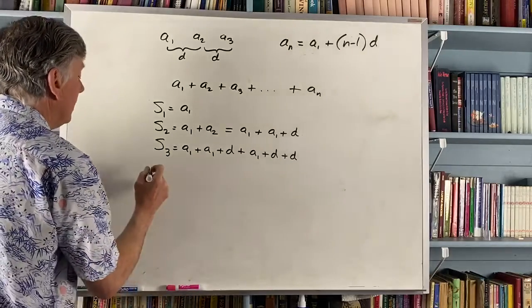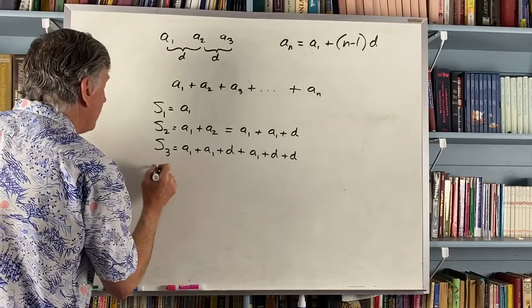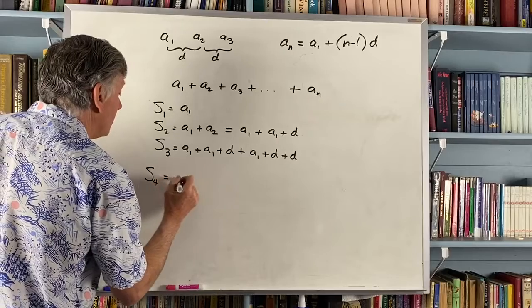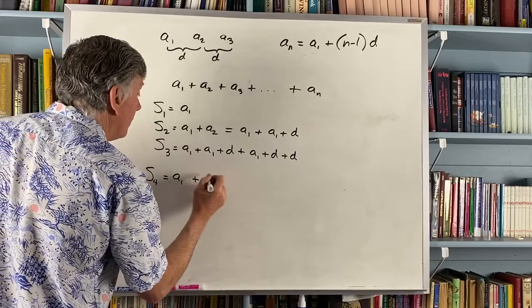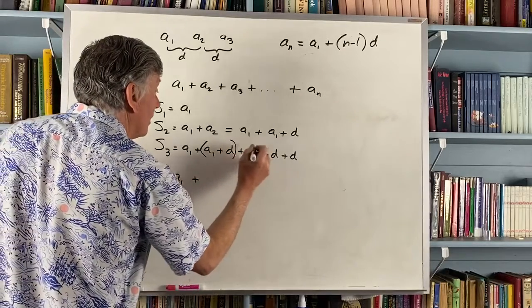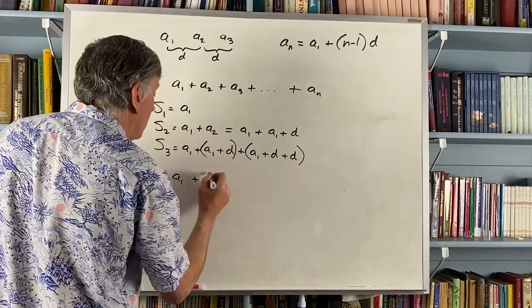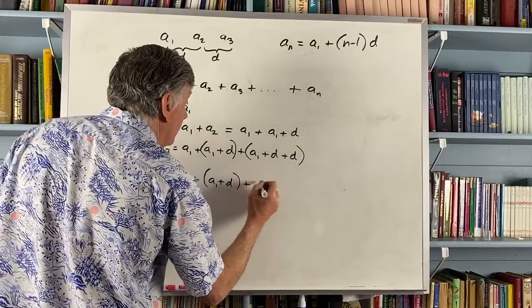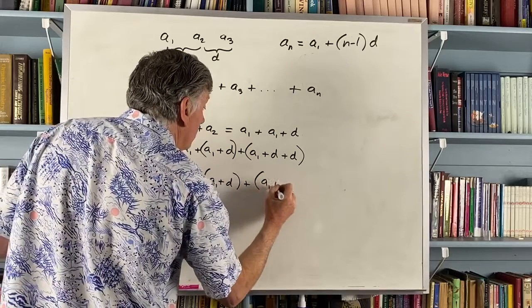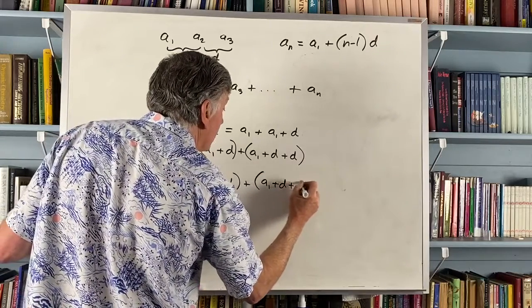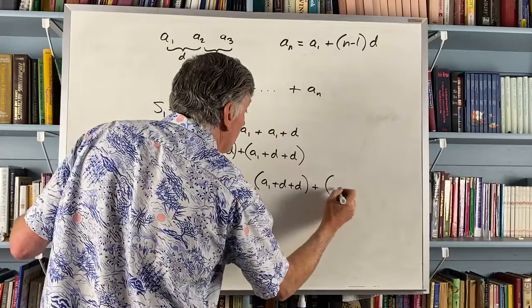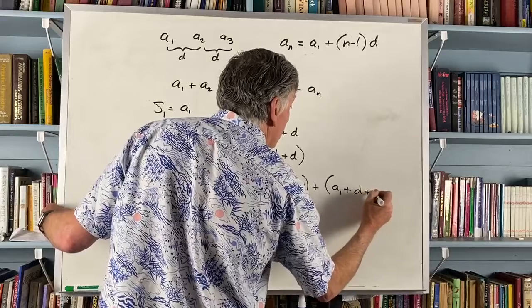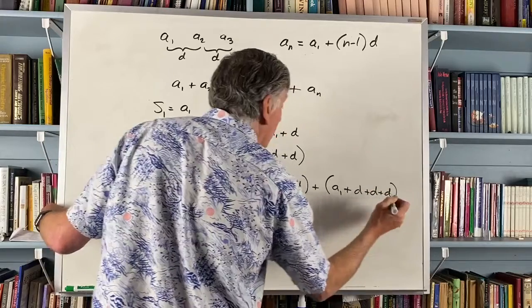And so let's write out S4 then. S4 is going to be a1 plus, and let's put parentheses around these, that'll help you, a1 plus d plus a1 plus d plus d, and my fourth term is going to be a1 plus d plus d plus d.